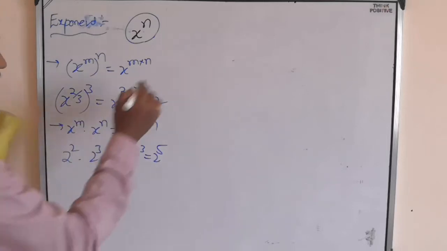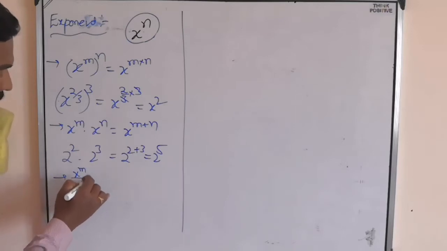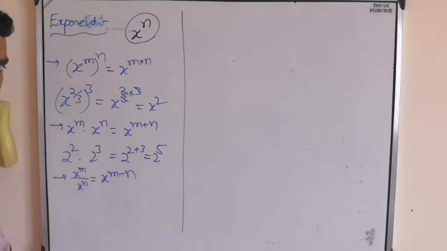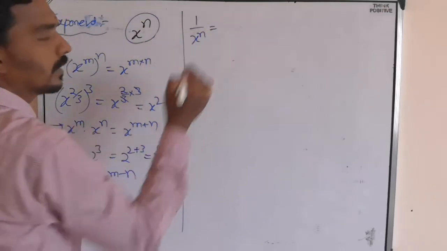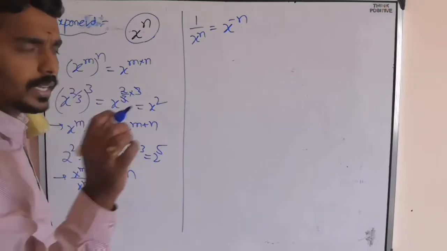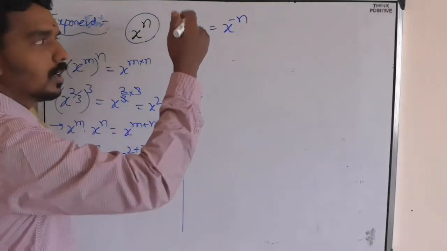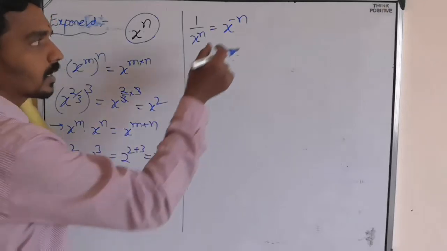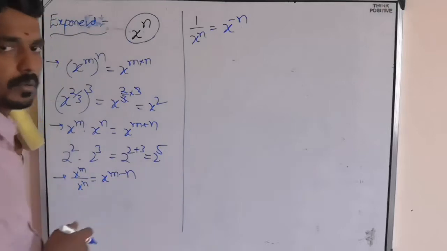Similarly, when you consider x power m by x power n equal to x power m minus n, or else you can say 1 by x power n can be written as x power minus n. Whenever you take the exponent from denominator to numerator, or numerator to denominator, the power changes sign from plus to minus, minus to plus.